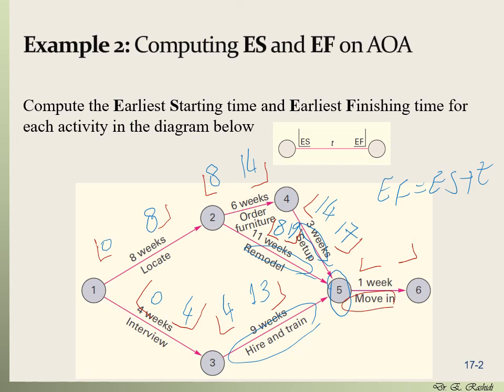The earliest finish of activity 3 to 5, hiring and training, is 13. The earliest finish of the activity 2 to 5, remodeling, is 19. The earliest finish of activity 4 to 5, setting up, is 17. And the maximum between 13, 19, and 17 is 19. So the earliest start of activity 5 to 6, moving, is 19.